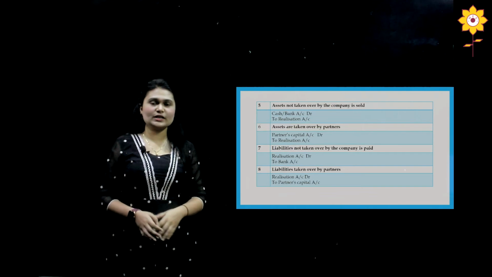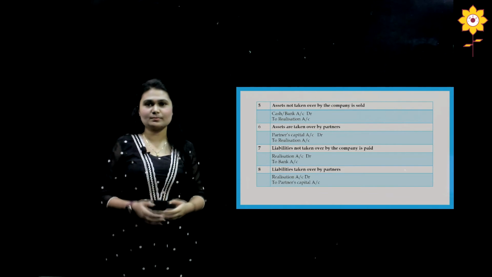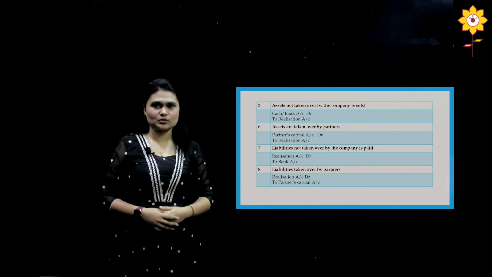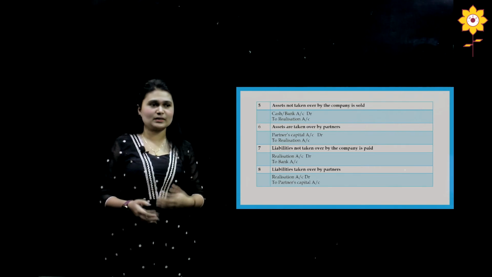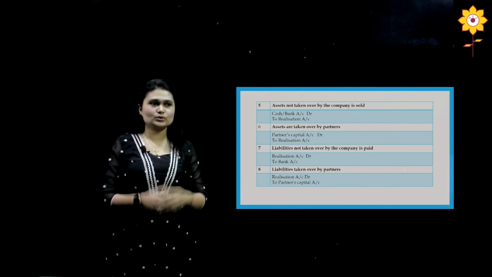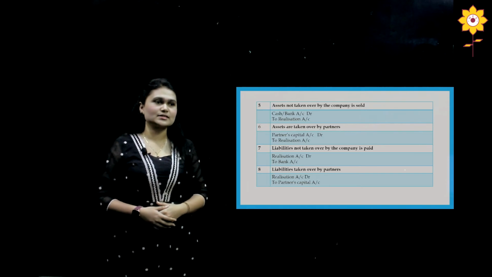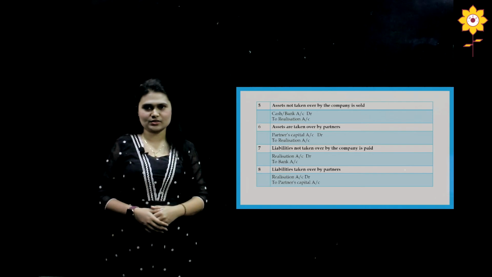Then the fifth step, assets not taken over by the company are sold. You need to pass a journal entry for this adjustment. As per the adjustments, as per the changes that have taken place, you need to pass all these journal entries which are given. Now, the next step is step number 6, that is assets taken over by partners.